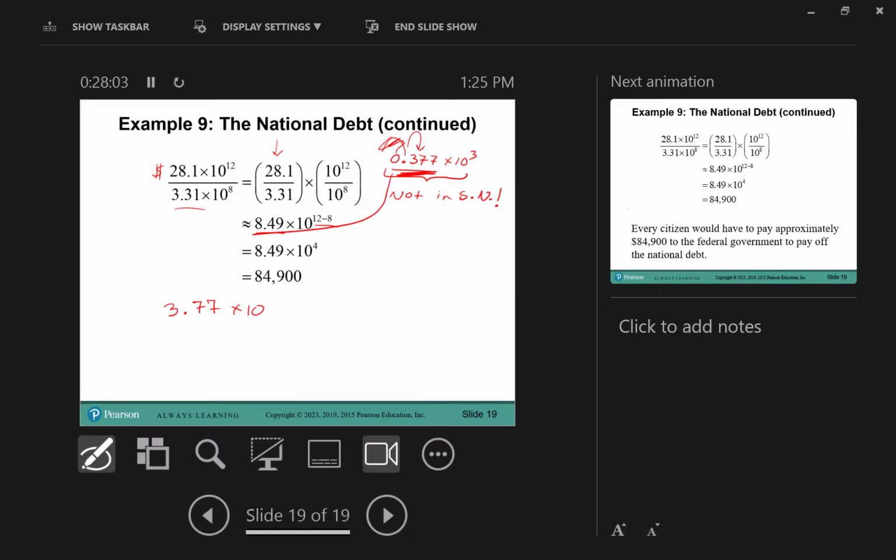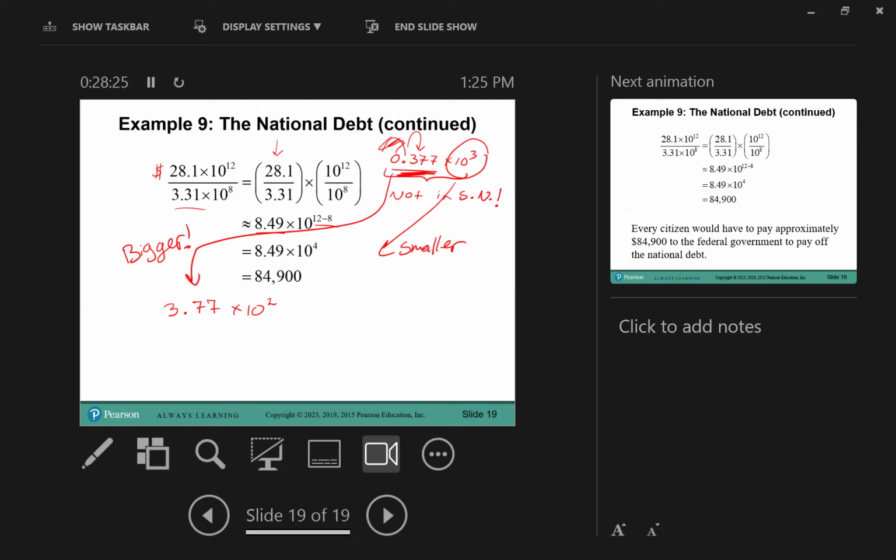So I made this bigger. And so I have to make my power of 10 smaller. And I made it bigger by 1 move. So I have to make my power of 10 smaller by 1. And so this is times 10 to the 2.